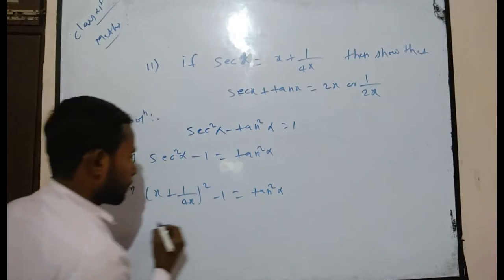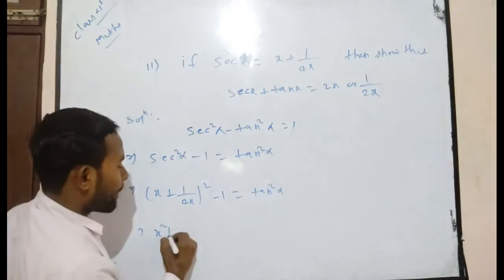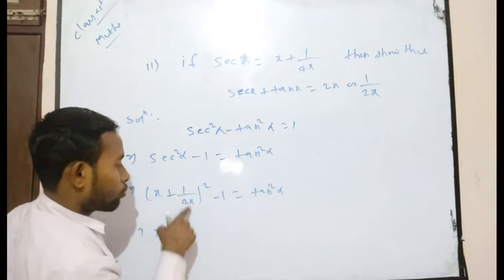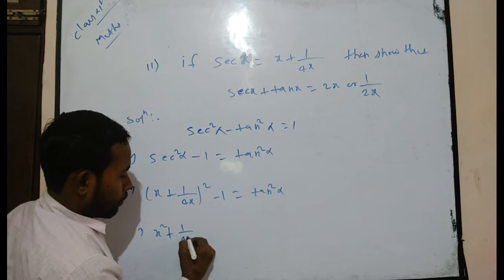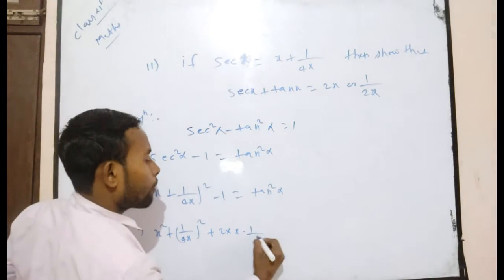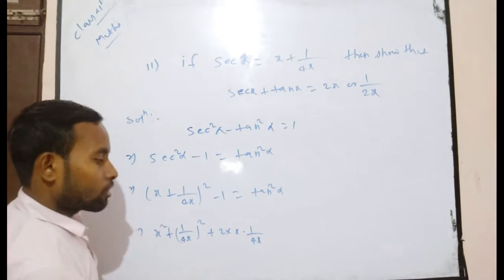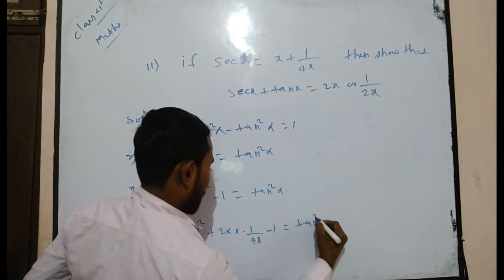If you manipulate it, then you can find x square plus 1 upon 16x square plus 2 into x into 1 upon 4x, minus 1, that will be tan square alpha.